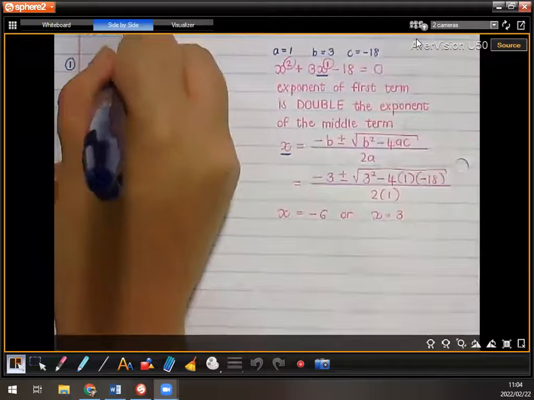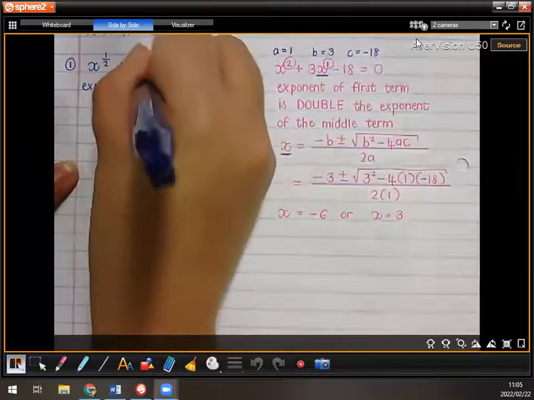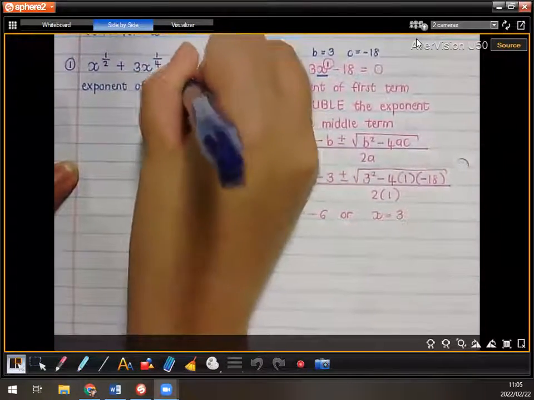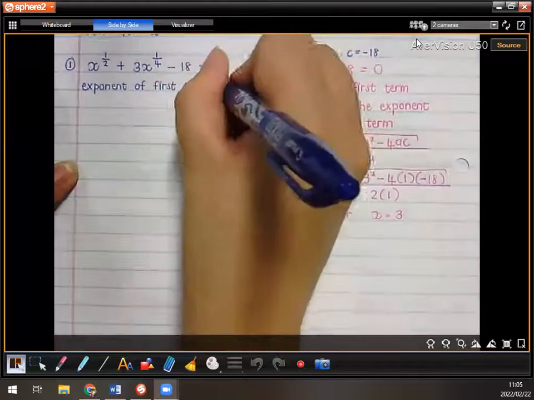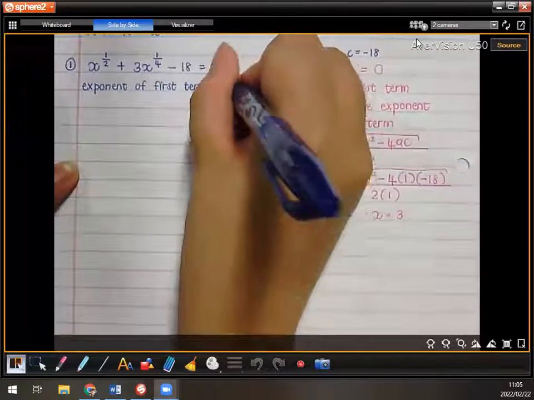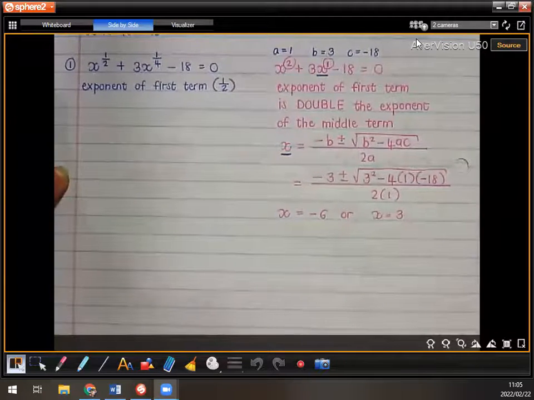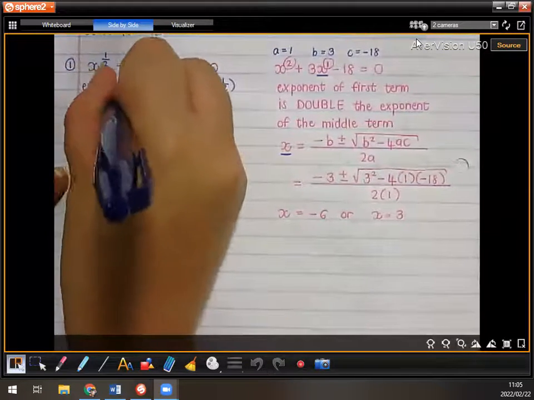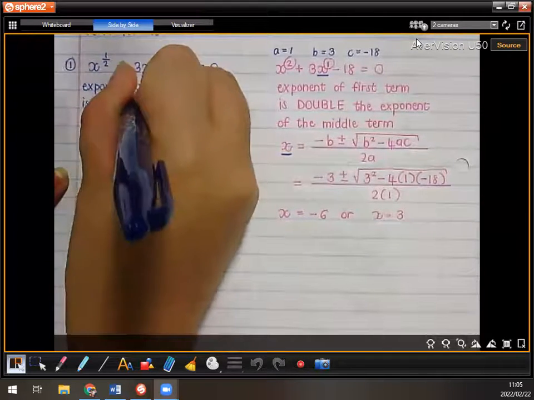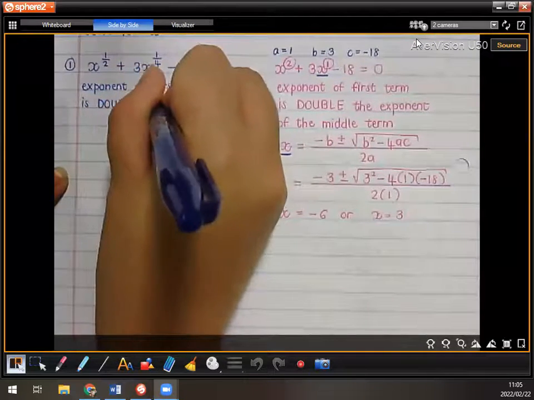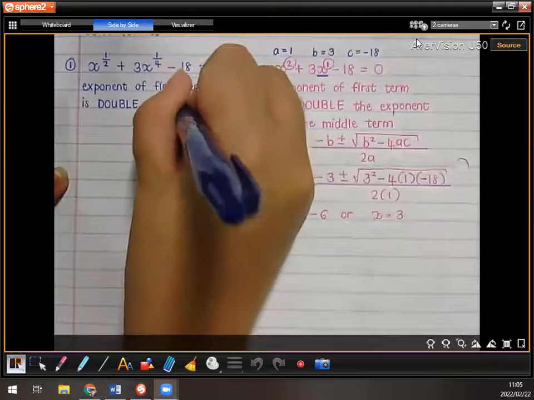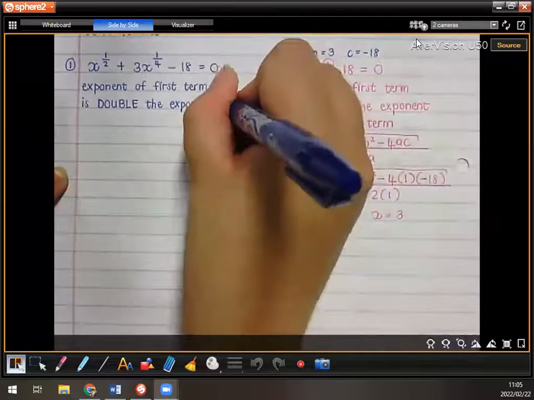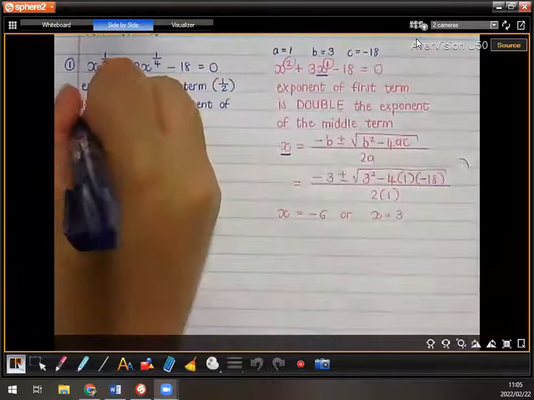so I'm just going to write here exponent of first term. And then in brackets, I'll just say I'm talking about a half. That's the exponent of the first term. Is double the exponent of the middle term.